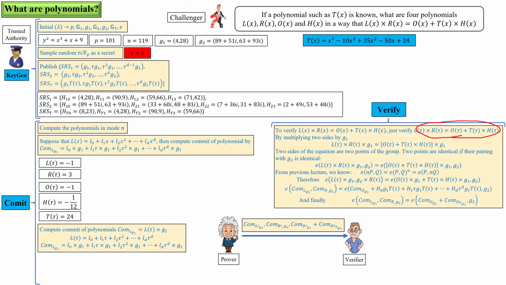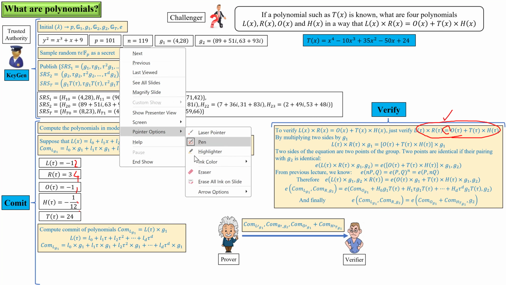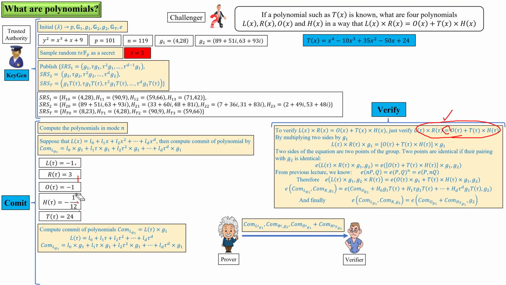So any value that satisfies this equation is accepted. You can pick some other values, like you can put 2 or 4 and then put other values here in a way that this equation is passed, right? So here we see that the prover doesn't know the polynomial.